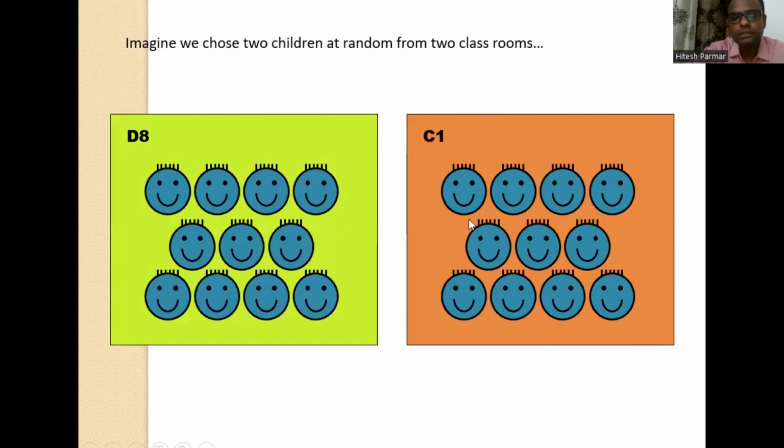There are some smiling faces, some children available. And what we need to do is compare their height. This is our job. We choose 2 children at random from the 2 classrooms, and after selecting them, we just compare their height.